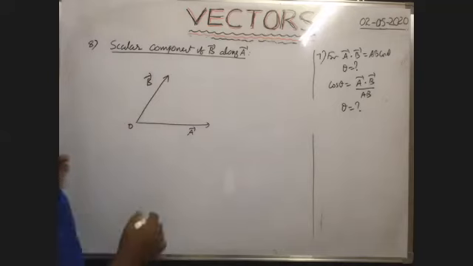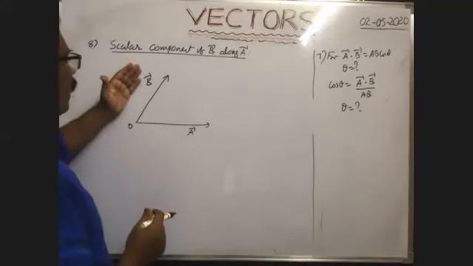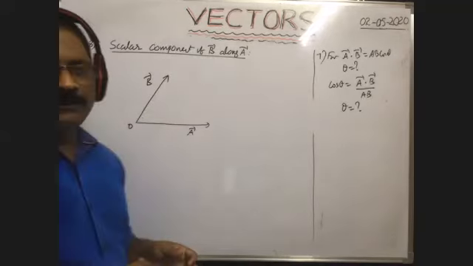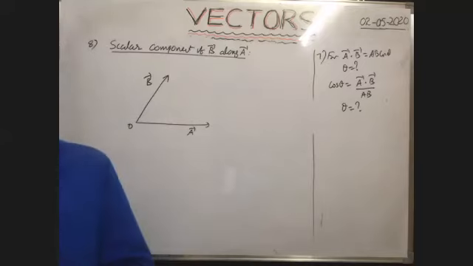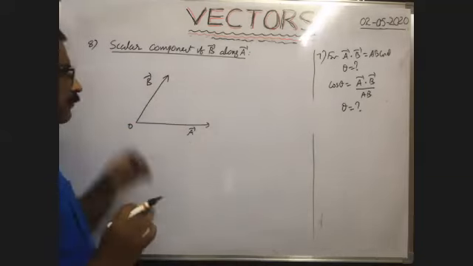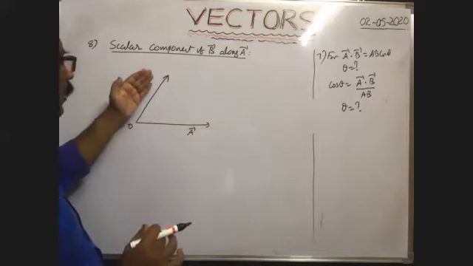Here, what is the component of b bar along a bar? They asked it. A bar and b bar are both given in vector form. Then we have to find the component of b bar along a bar.